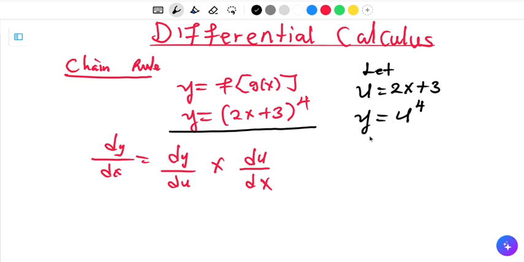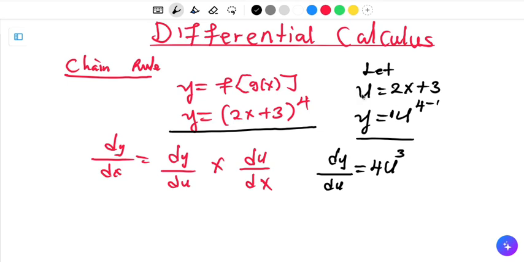So we need to find the dy/dx of these according to what we have. Let me start with this. We are finding y with respect to u. So it is going to be dy/du, and this one is going to be equal to, the power is multiplying with the coefficient, so the coefficient here is 1, so we have 4u to the power 4 minus 1, which is 3. So we have found our dy/du.